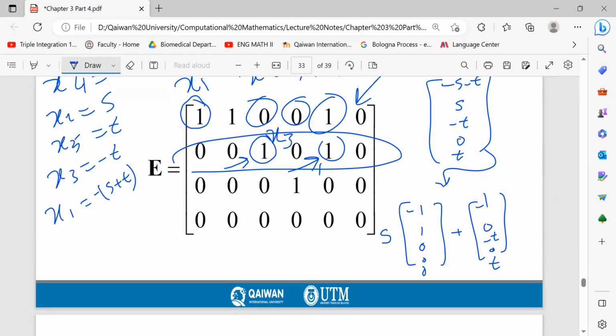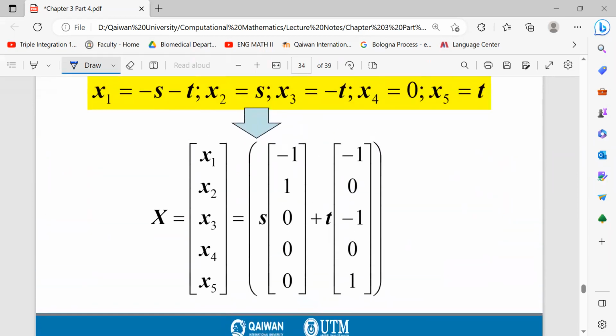It's minus 1. This is minus 1. And this is 1. I will write down t here. So these two vectors that we got are the bases. These two are bases of what? For the null space.